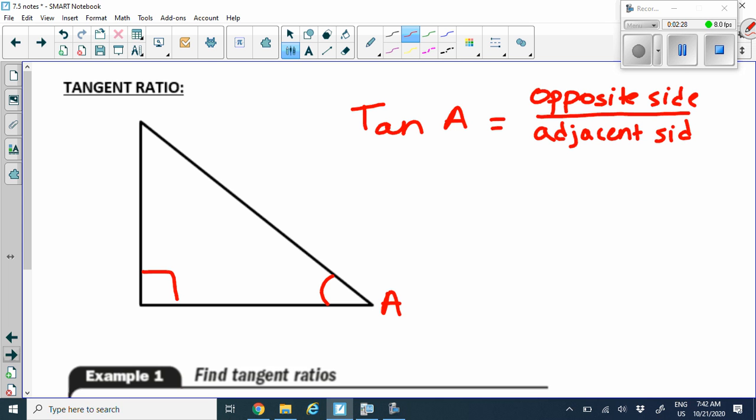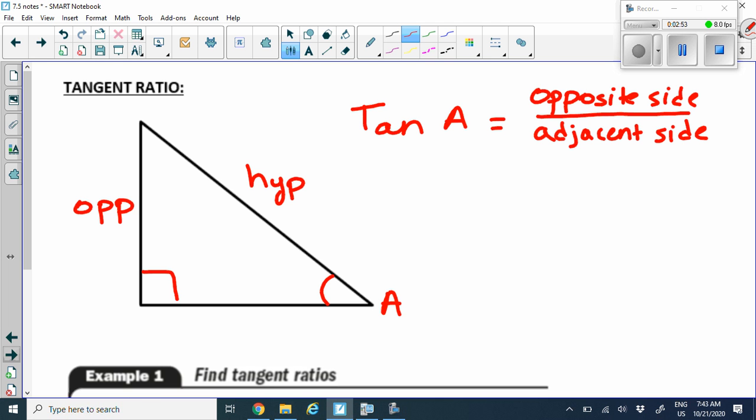Opposite we've kind of been talking about, right? It's across from the angle A. So that's going to be our opposite here. And then adjacent means right next to. So what is the side right next to? Well, you could say the one that is across from the 90 degrees. But remember, every single time there's a side across from the 90 degrees, that will always be the hypotenuse.